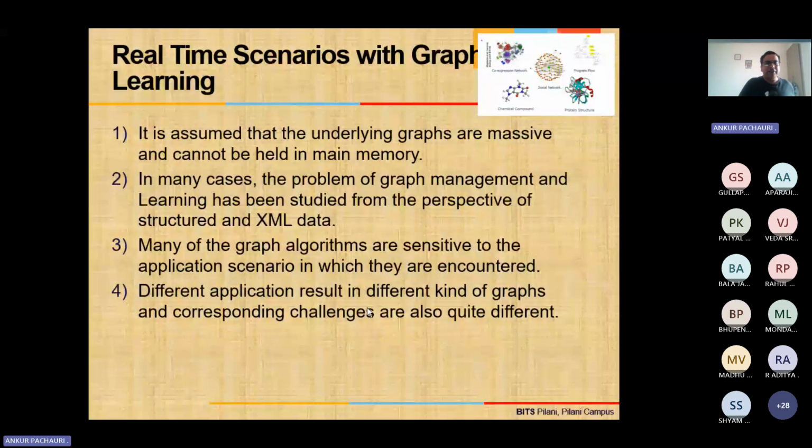Real-time scenarios with graph learning. It is assumed that the underlying graphs are massive and cannot be held in the main memory. Second, in many cases, the problem of graph management and learning has been studied from the perspective of structured as well as XML data. So for many of those activities, we have made our task easy by assuming that the graph we are working on will be structured or in the form of XML.